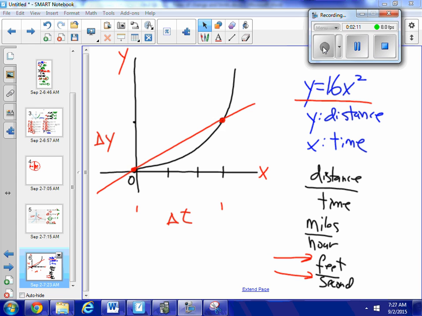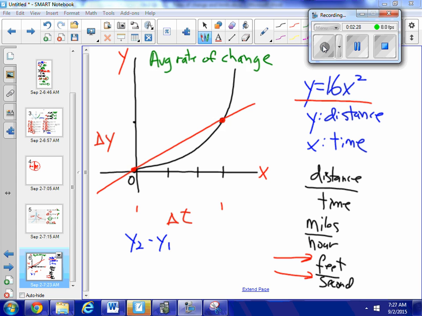So how do we calculate the slope of that line over the 3 seconds that we are concerned with in this problem? Well, let's go back a couple of years in math, and we know that slope can be written as y2 minus y1 over x2 minus x1.